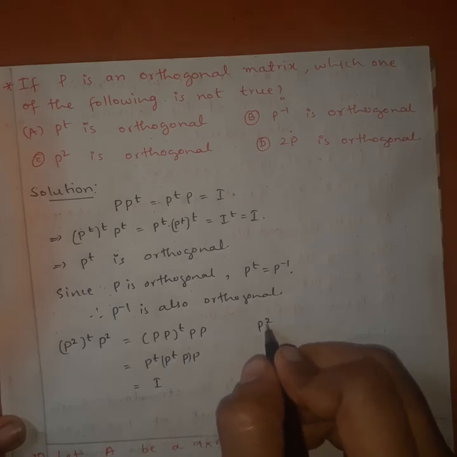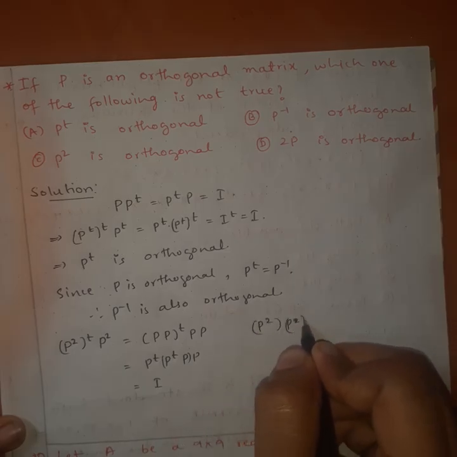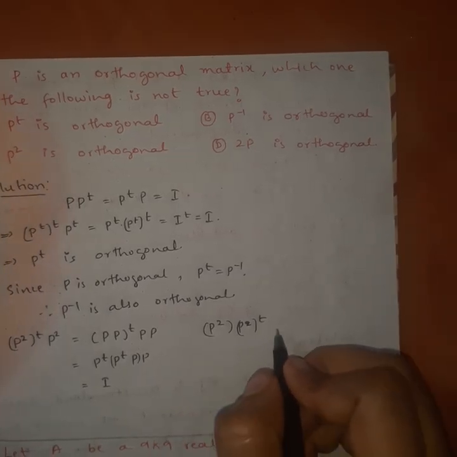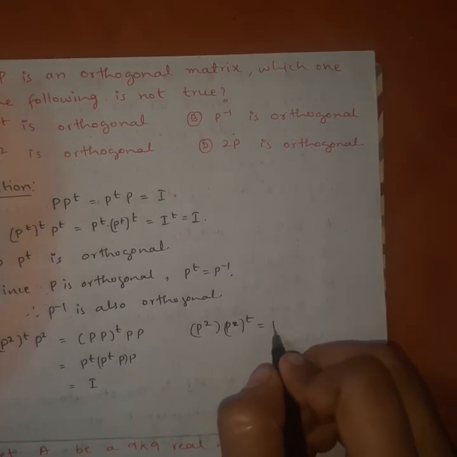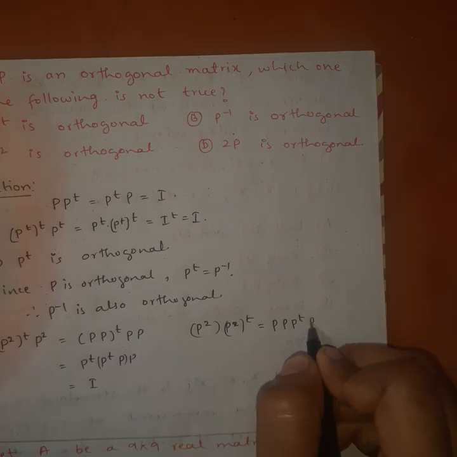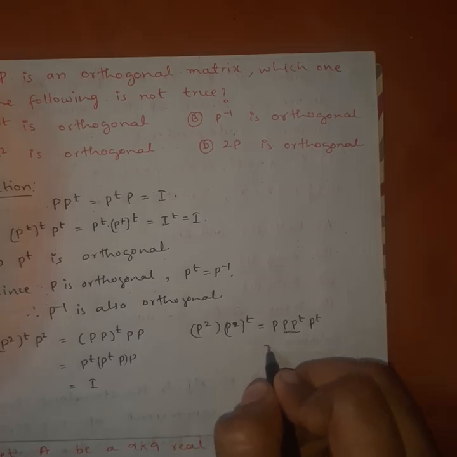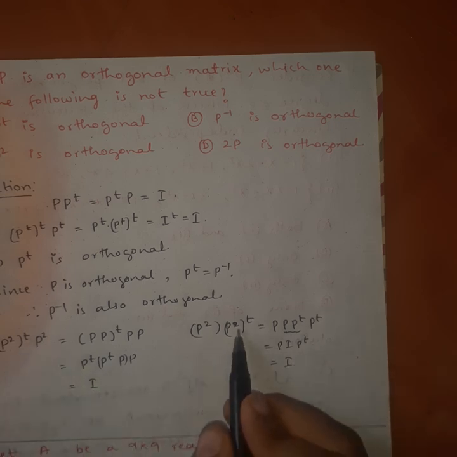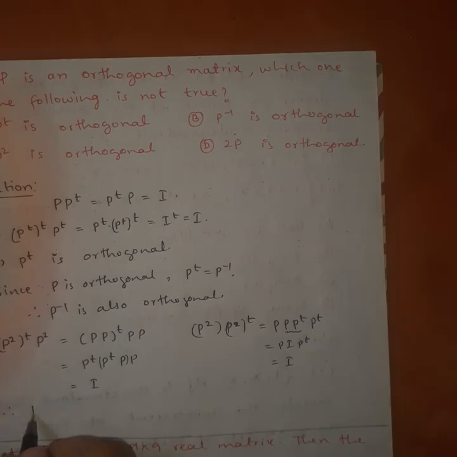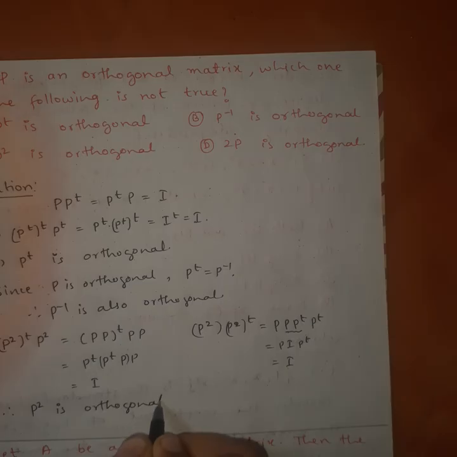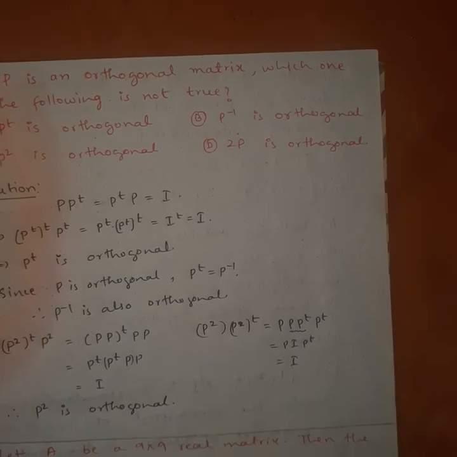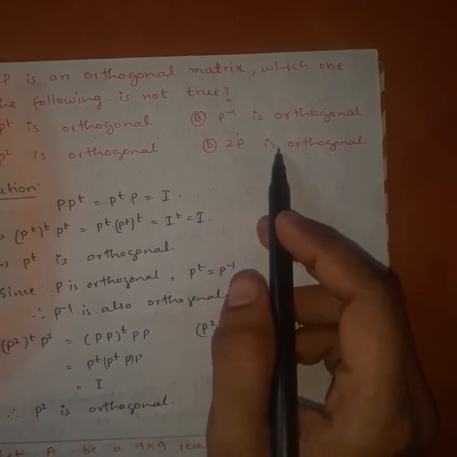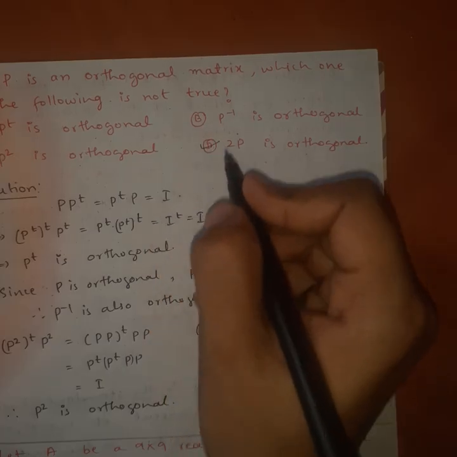Also P square into P square transpose equals P P into P transpose into P transpose, so this is identity. So P square transpose into P square is identity, and P square into P square transpose is identity. Therefore, P square is orthogonal. So the false statement is 2P. 2P is orthogonal is not true. So option D is the correct one.